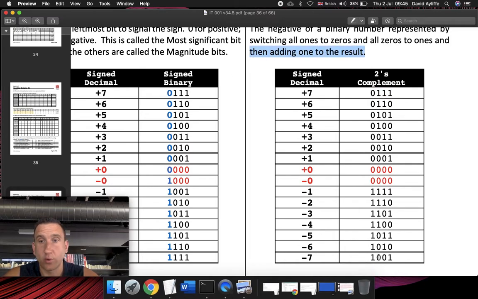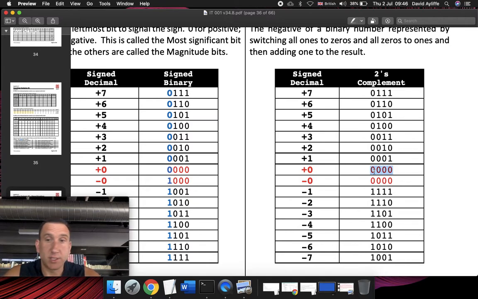So instead of 1, 0, 0, 0, we add 1, so this changes to 1. And the same here. 0, 0, 0, 1 becomes 1, 1, 1, 0, but again, we add 1 to the result, so we get 1, 1, 1, 1. Yeah?